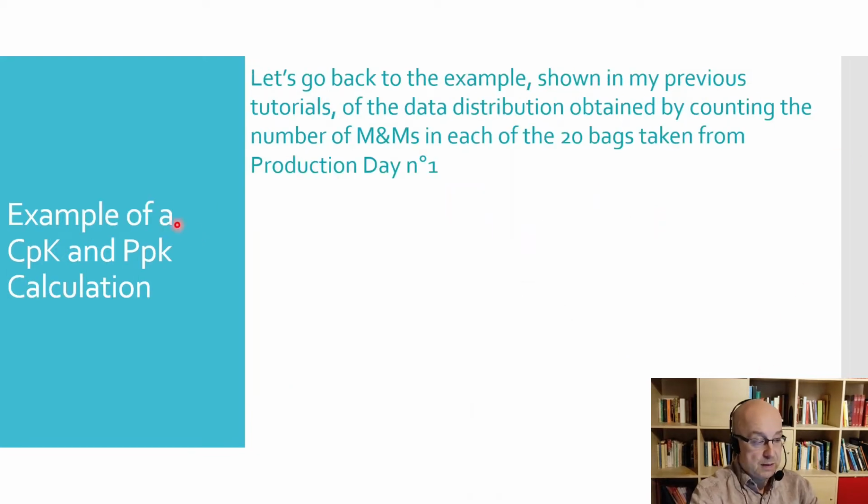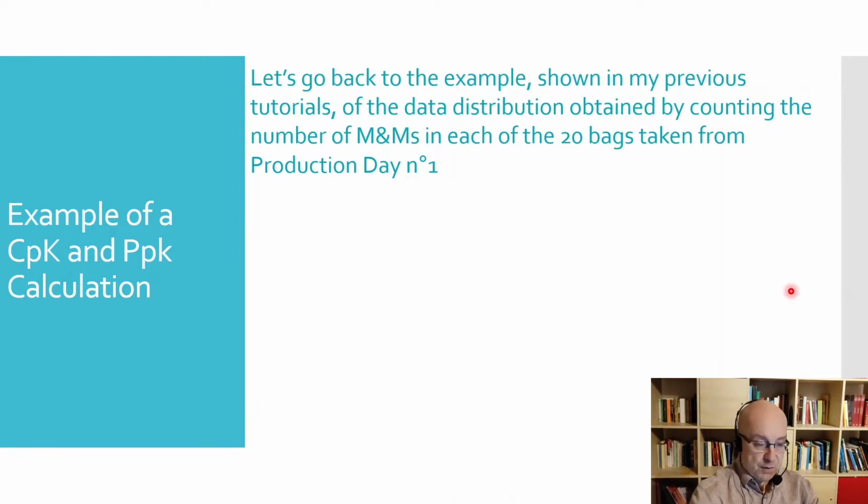And now we are ready to make an example of our CPK and PPK calculation. Let's go back to the example shown in my previous tutorials of the data distribution obtained by counting the number of M&Ms in each of the 20 bags taken from production day number 1.